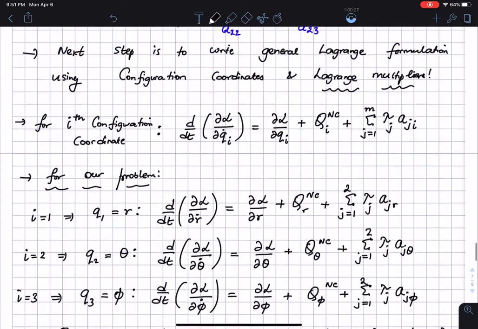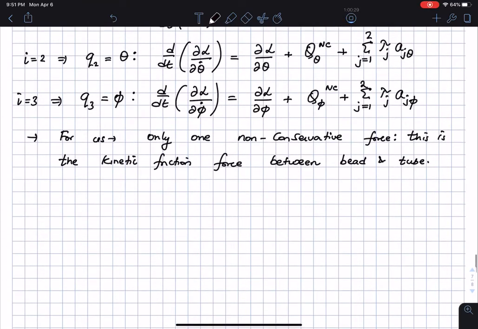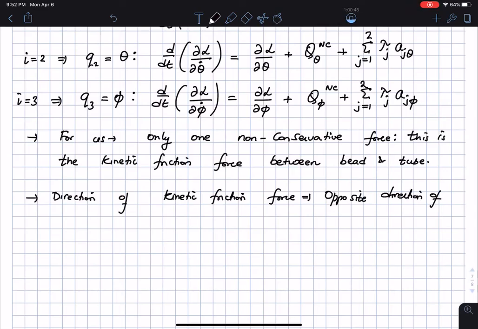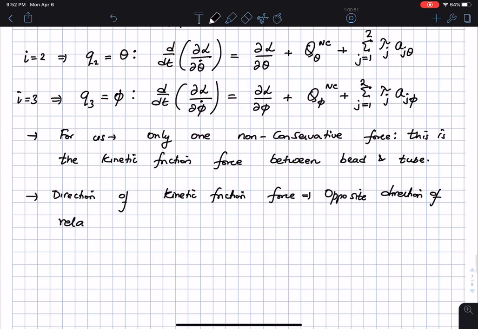The direction of the kinetic friction force is opposite to the direction of the relative velocity between the bead and the tube.